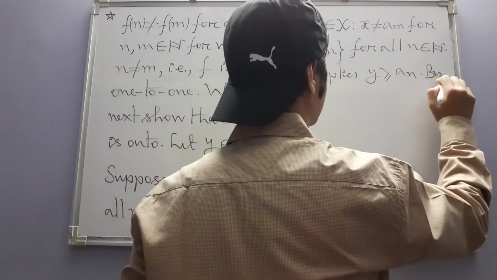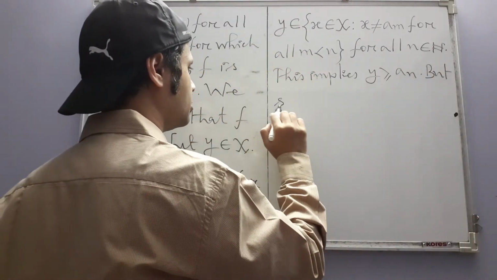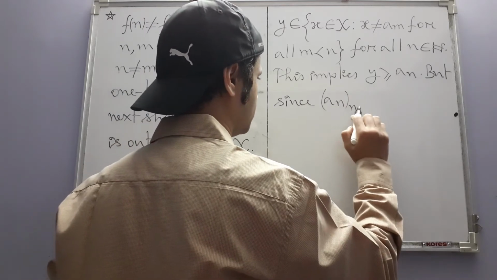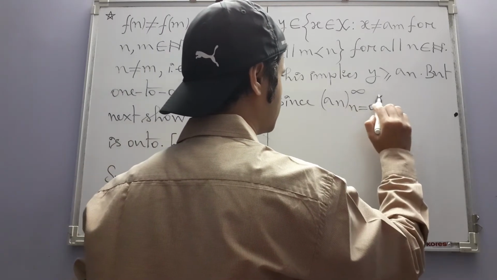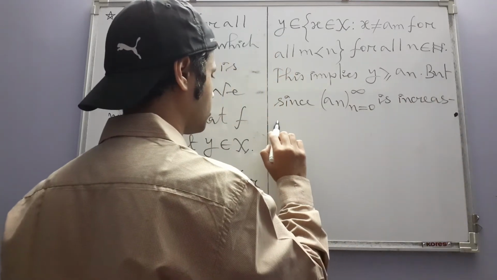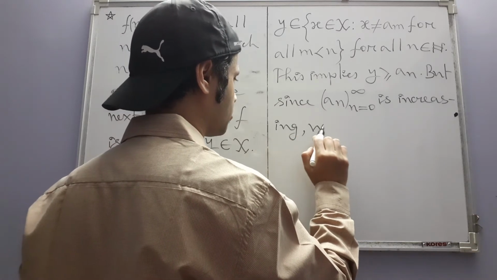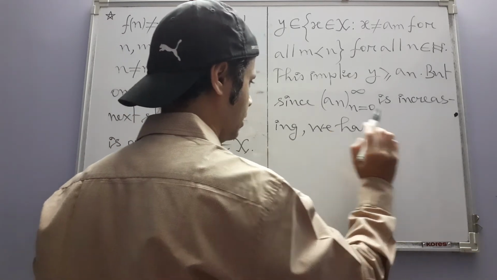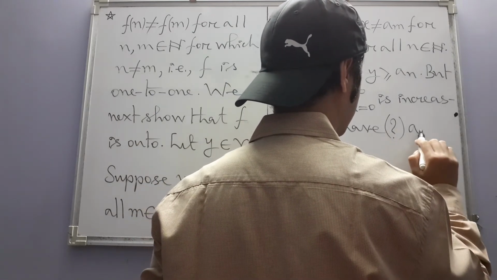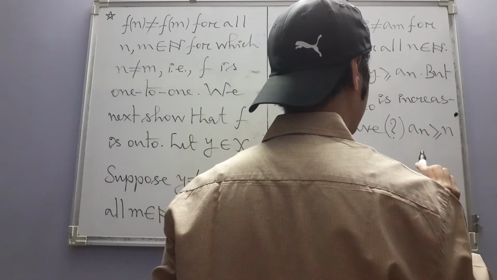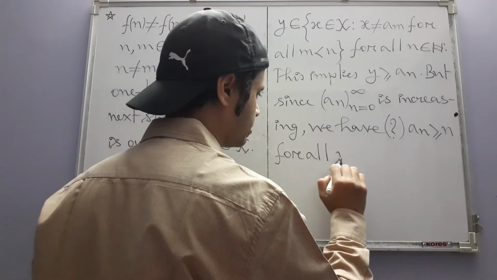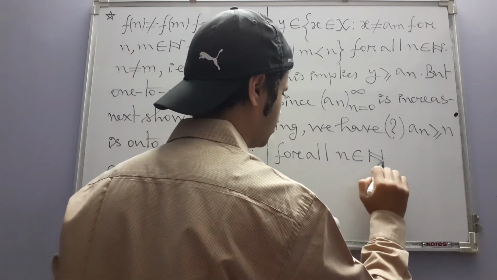But since an is increasing, our sequence is increasing, we have, again this is another issue, an greater than or equal to n itself for all natural numbers n.